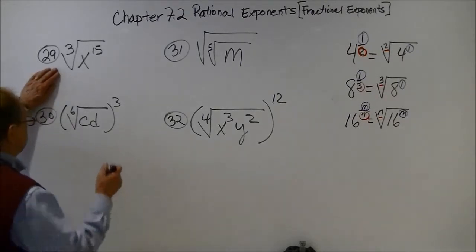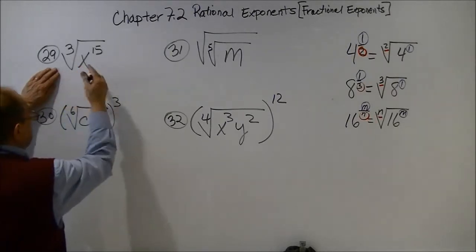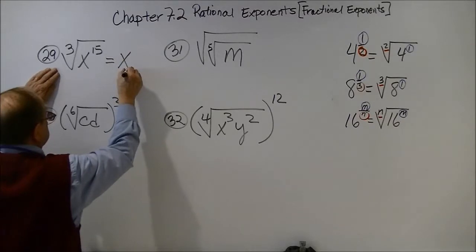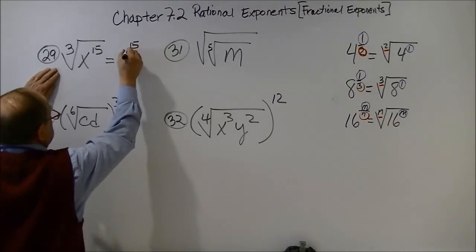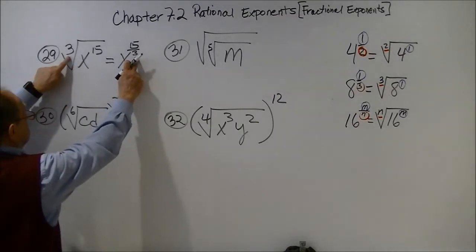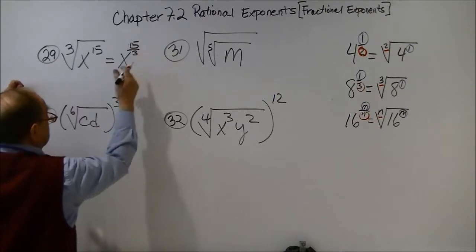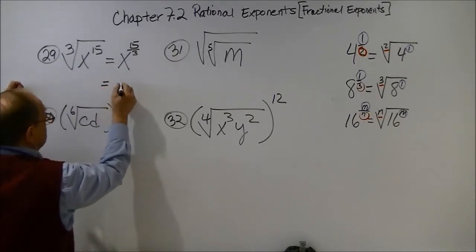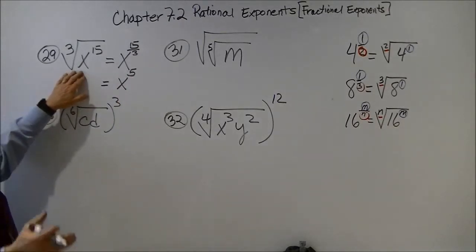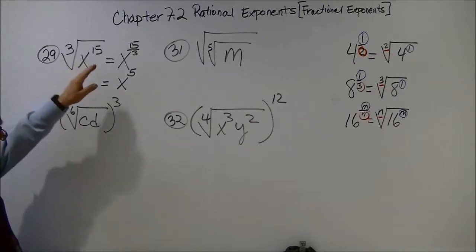But we had said that if you convert this to its fractional form, this is going to become x to the 15 over 3, where this is your index number and that's your exponent. And now that it's in fractional form, what will that become? Well, x to the 5th. And I kind of mentioned this in topic 7.1 and said we'll be using that.